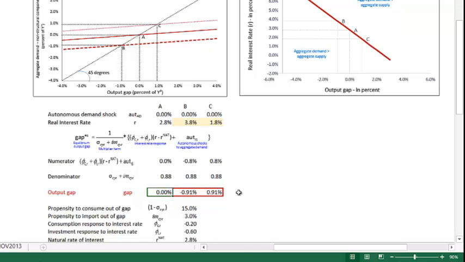So we have the output gap. In the case of the output gap, it turns out that when we raise the interest rate, the output gap falls from 0 to minus 0.91. If we reduce interest rates, the output gap rises from 0 to 0.91.